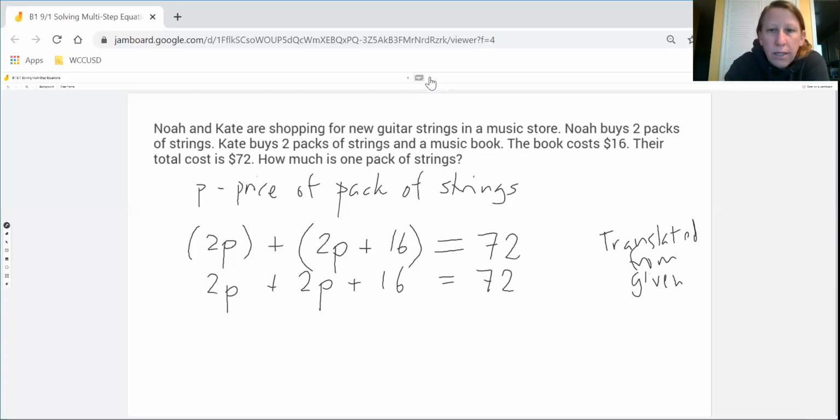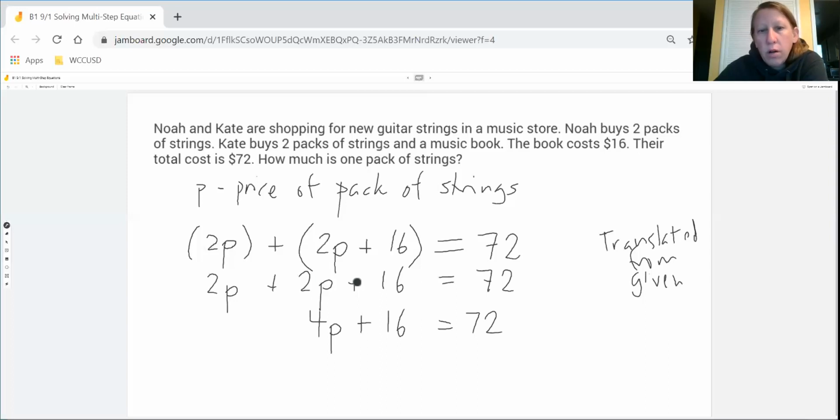Well, we combine like terms. So I see 2 packs of strings and another 2 packs of strings. That's going to be 4 packs of strings that were bought. And now we've gone from a multi-step equation to a 2-step equation.